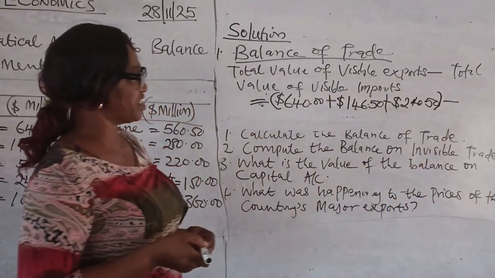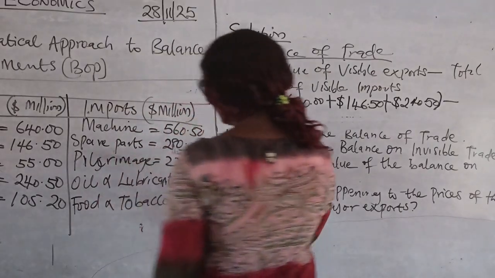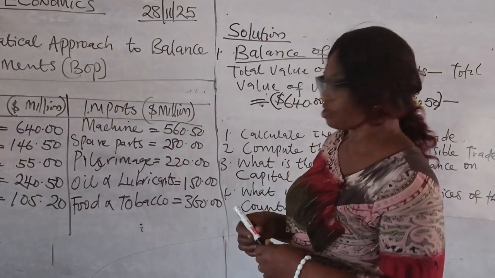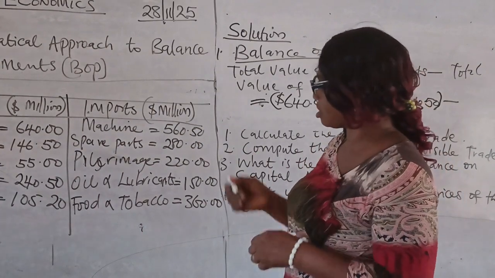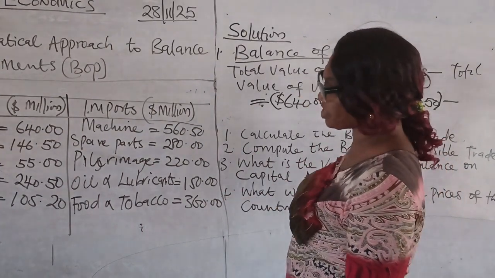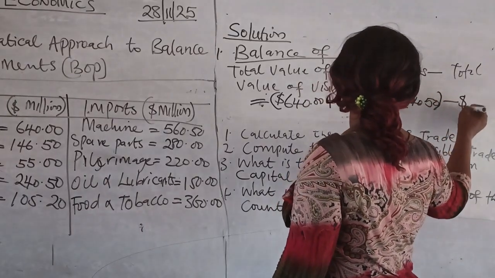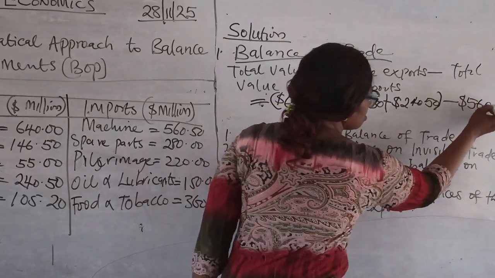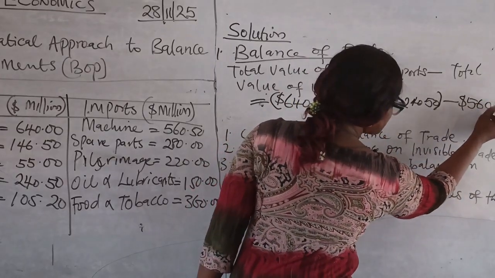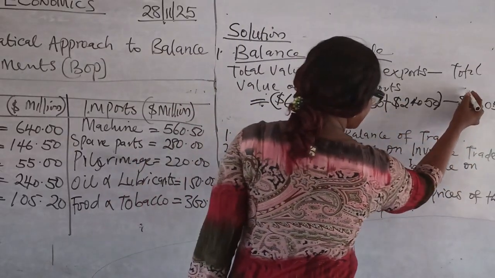Minus the visible imports. What are our visible imports? Those things that we can see are visible. So our visible imports are machine. Machine is $560.50 million, in brackets.